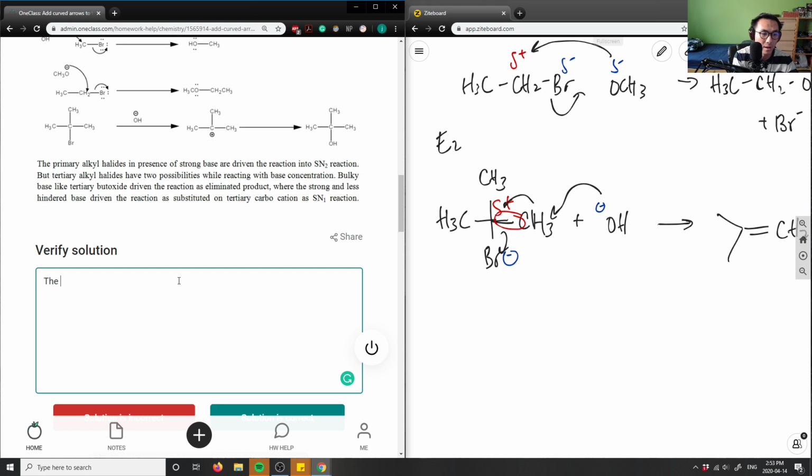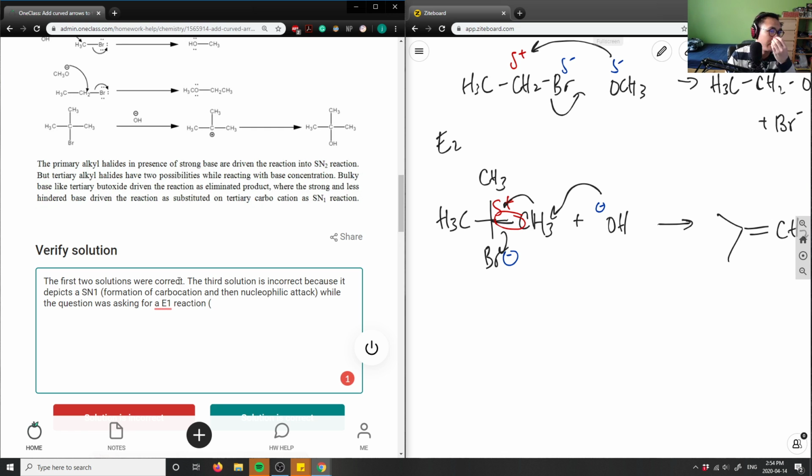So I'm going to say the first two solutions were correct. The third solution is incorrect because it depicts an SN1 reaction, because I have formation of a carbocation and then nucleophilic attack, while the question was asking for an E2 reaction.